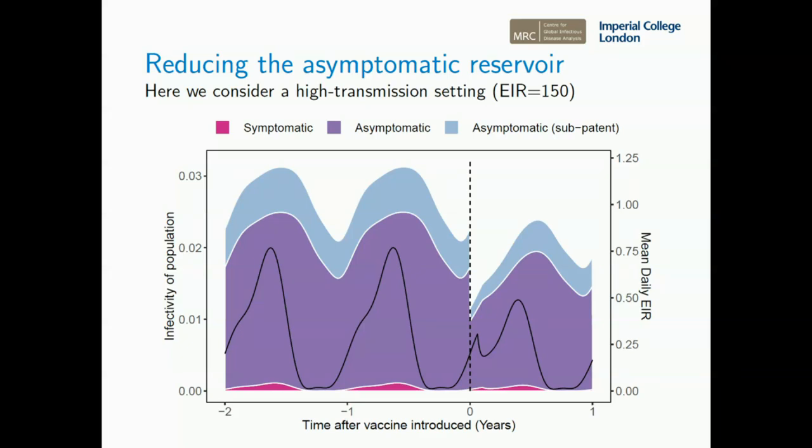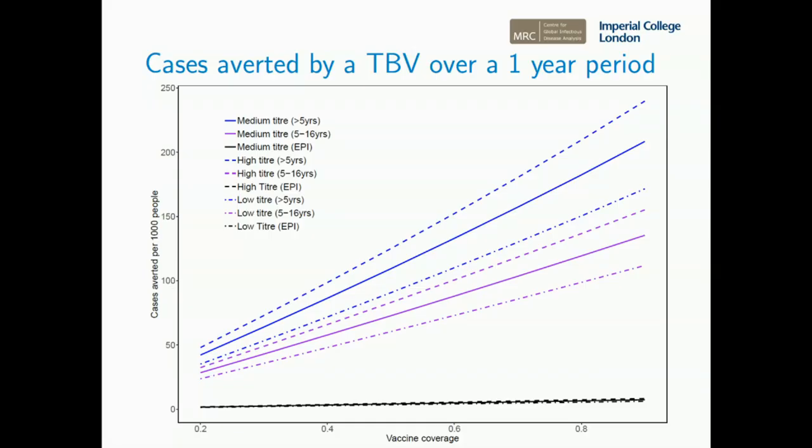The black line I've added is the mean daily EIR on the human population, so the rate at which people are being bitten. You can see we've taken quite a chunk out of it, but because it's a high transmission setting, it's still quite appreciable. We can also translate that into clinical cases. I realize I've put a lot on this figure.